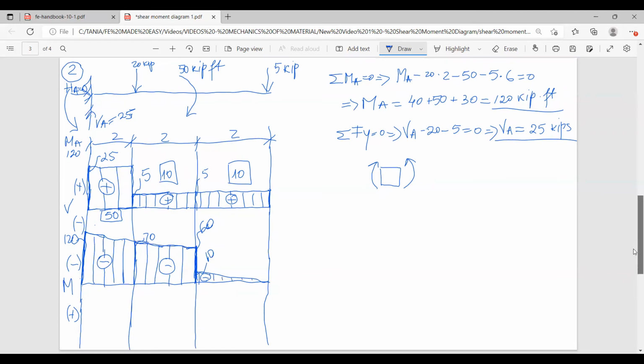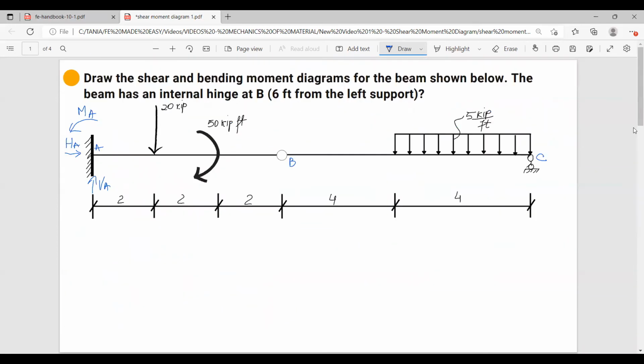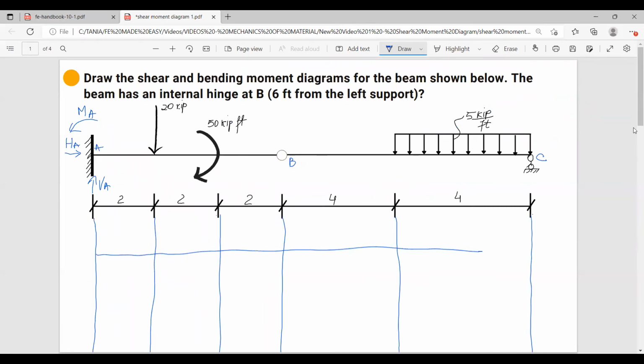Let's go back and connect all our diagrams together. So here I am. And then this is going to be the shear diagram here. And I'll have positive on the top and negative at the bottom, and moment diagram. And I will draw the line. So VA was 20.